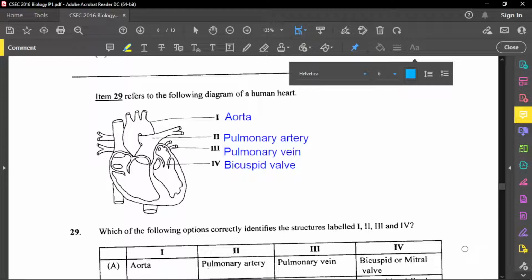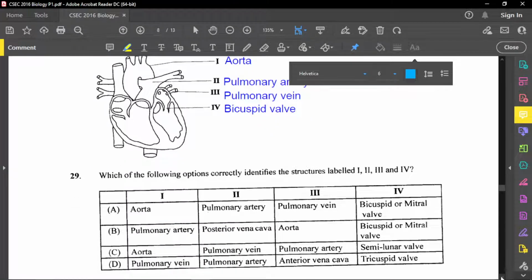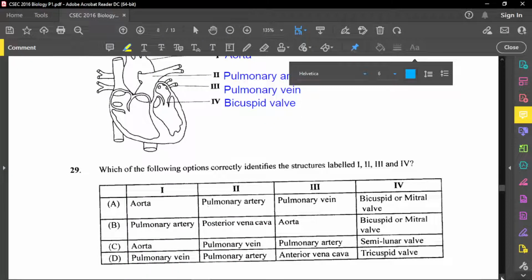Straight off the bat, we know that it is the aorta first, pulmonary artery, pulmonary vein, and then we have our bicuspid valve. So A is correct, in that order. All right, and the bicuspid valve is also called the mitral valve, just to make a mention of that. So 29 there is A.